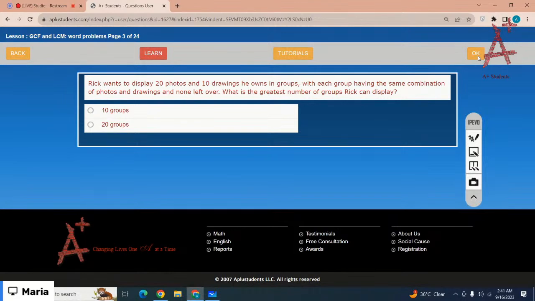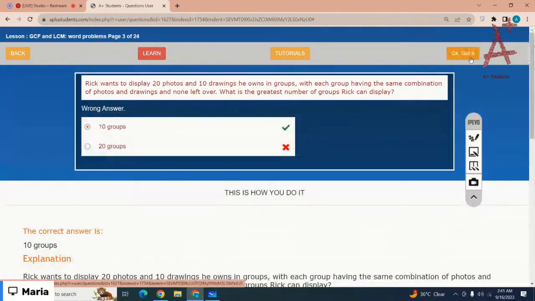Then the GCF is 20, it is, right? Oh, sorry, you have to calculate the GCF and their GCF is 10, right? Sorry.